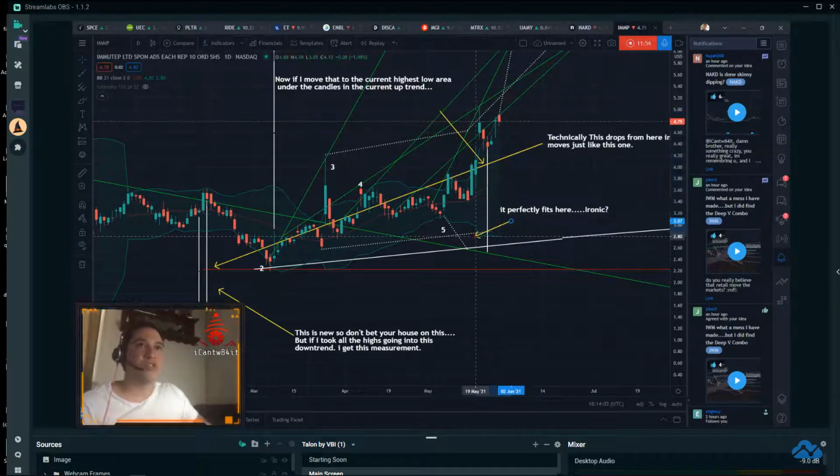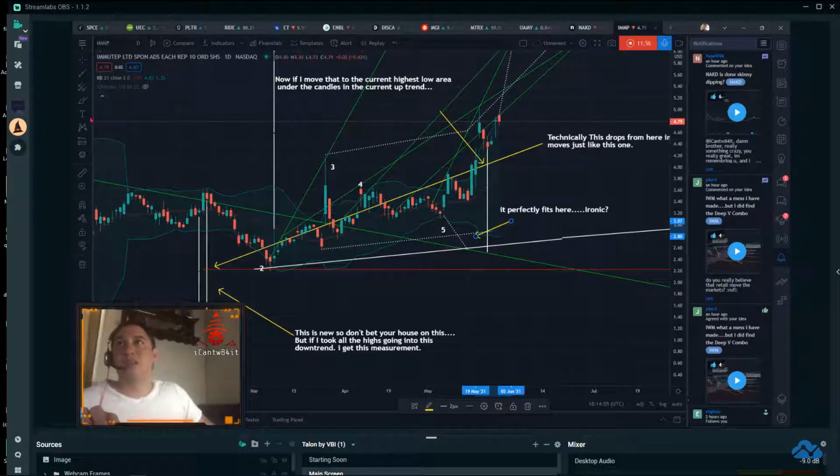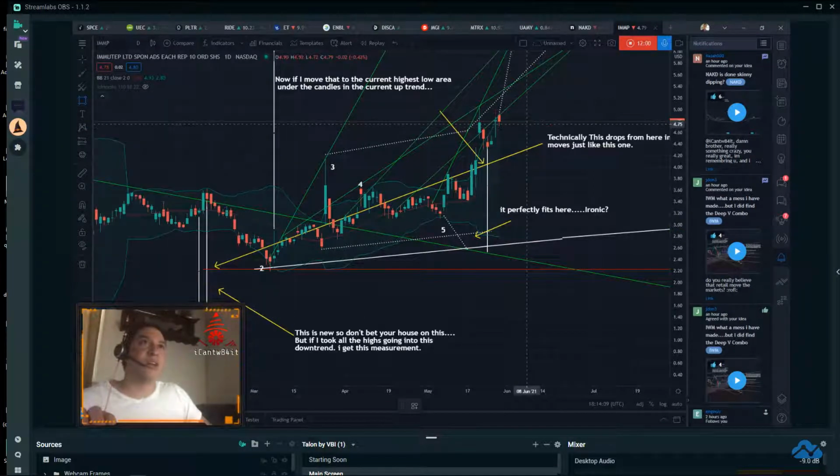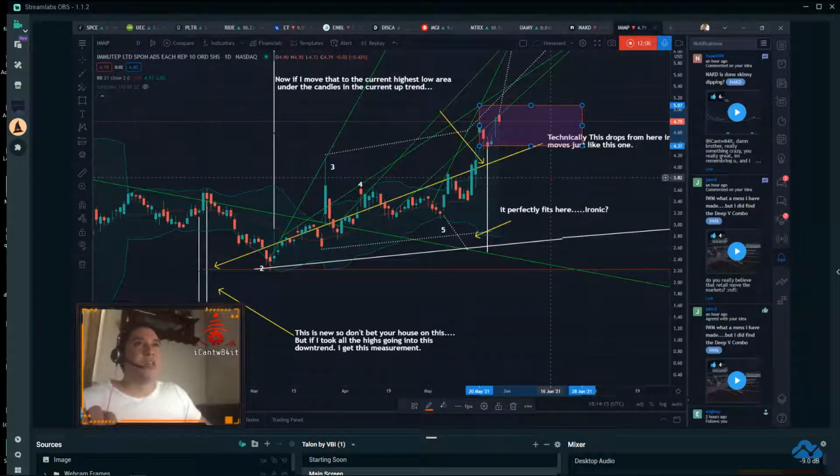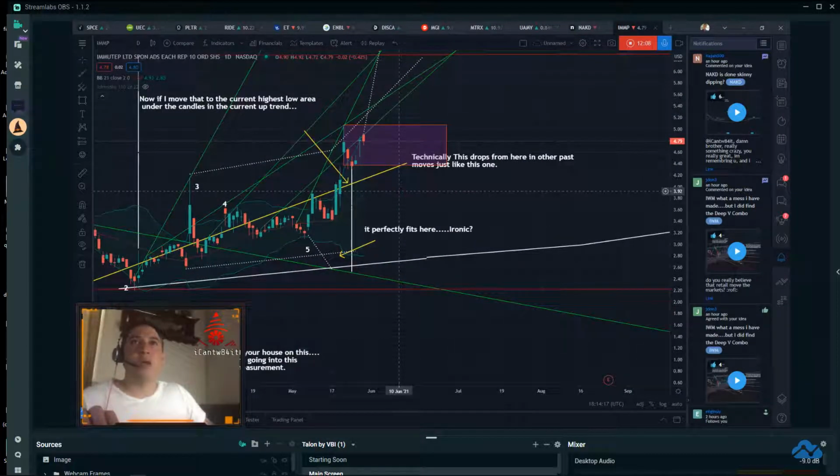And so what I'll do is I'll just draw a box to indicate where the consolidation is going to be, to help visualize the overall movement that you're looking at here. And so probably what it'll look like is usually when it breaks into a new high, it'll drop out of the box and then come back in.